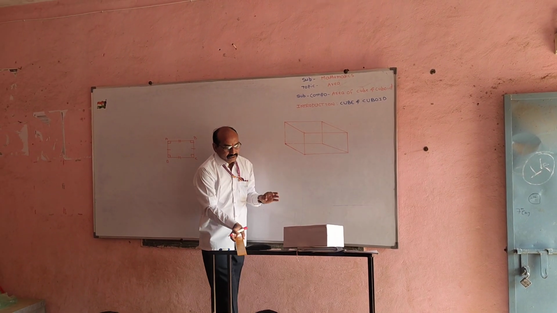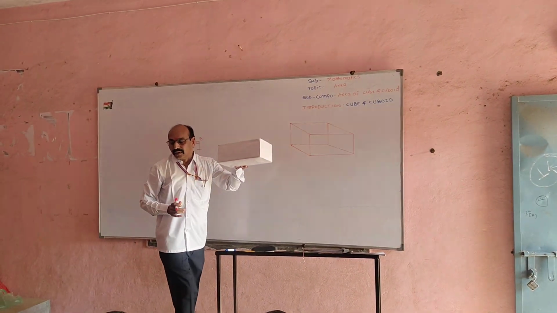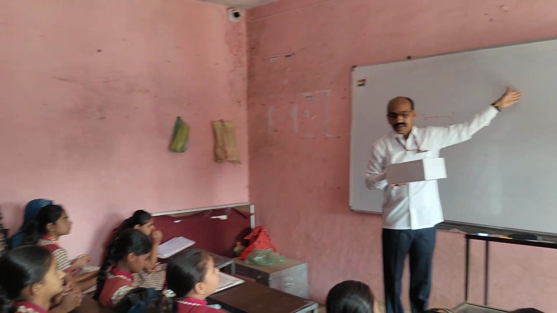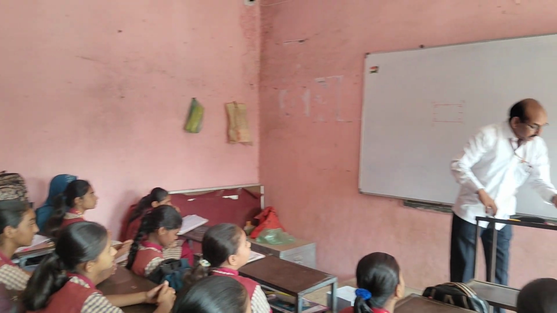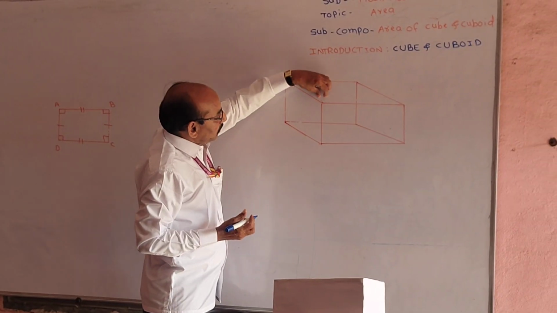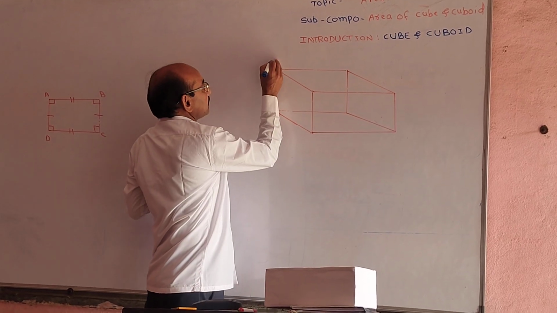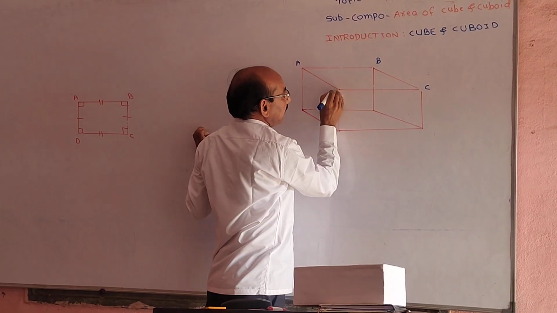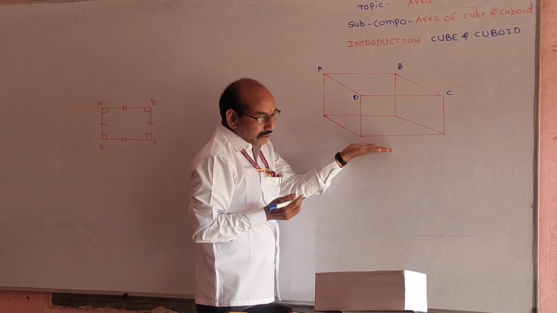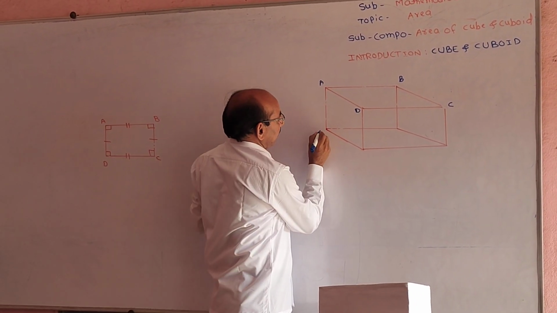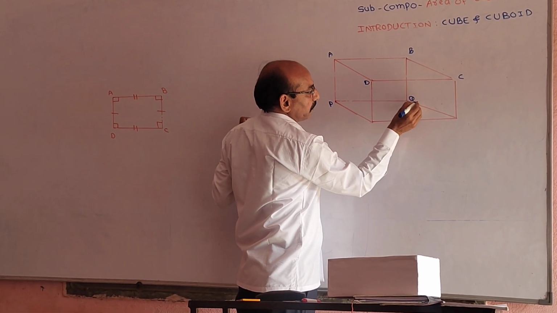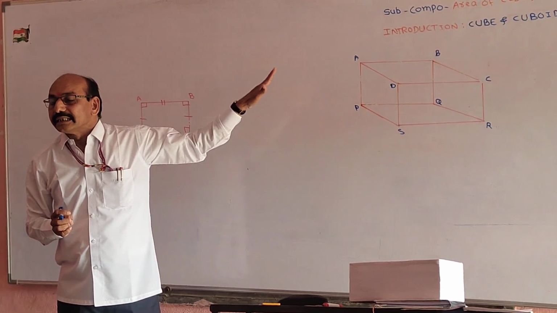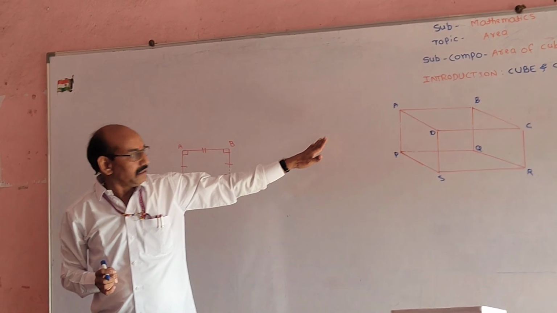Now observe this rectangular box; the figure on our board is the same. This one is the top plane, named A, B, C, D, and this bottom plane is named P, Q, R, S. Now this one is the three-dimensional object.